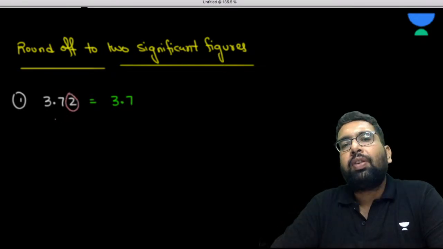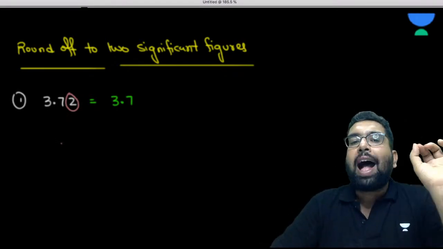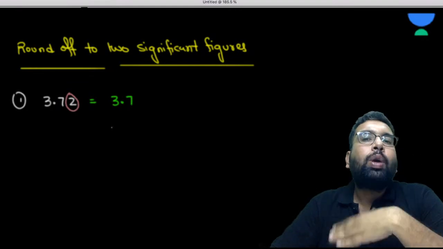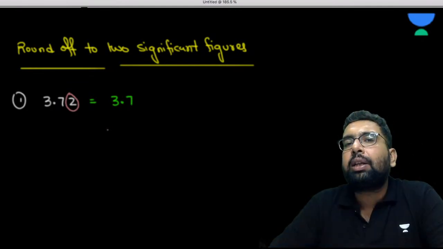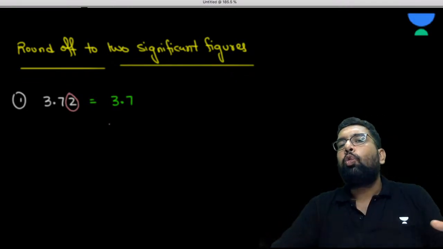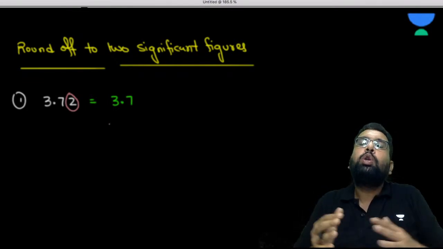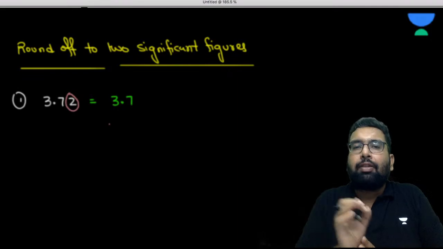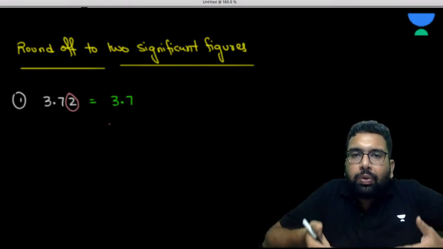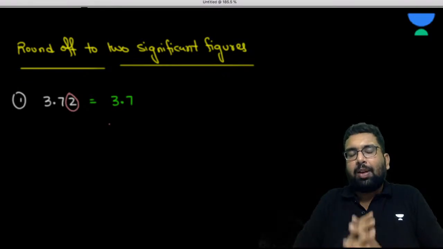You want to round off to two significant figures. You have two options: either it will remain 3.7 or you will write it as 3.8. You can't make it 3.6. So you have to choose whether you keep it as 3.7, or whether you raise the 7. Are you getting my point?